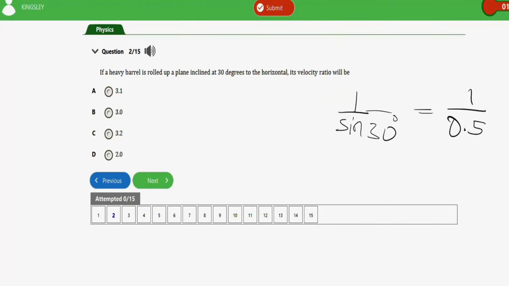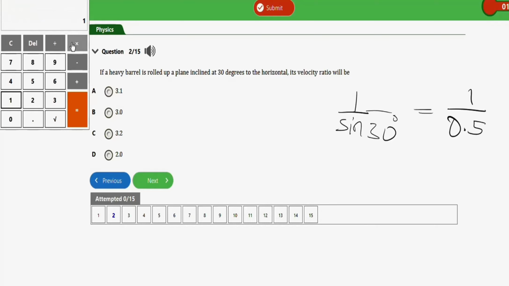When you punch this on the JAMB calculator, 1 divided by 0.5, we have the output 2. So the correct option is option D. When you are dealing with machines, velocity ratio for an inclined plane is usually sine, not cos. Just take note of this basic information.